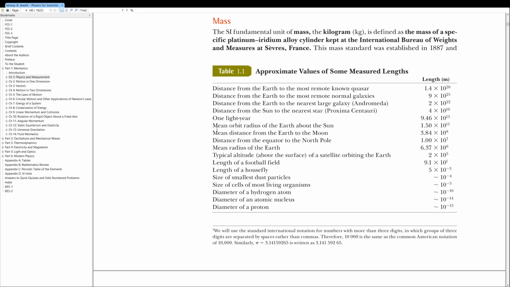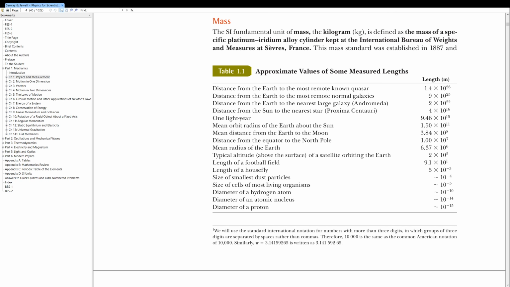Okay, and then the mean distance from the Earth to the Moon, 3.84 times 10 to the 8th. So, what is 10 to the 8th? That's 100 million. So 384 million meters.